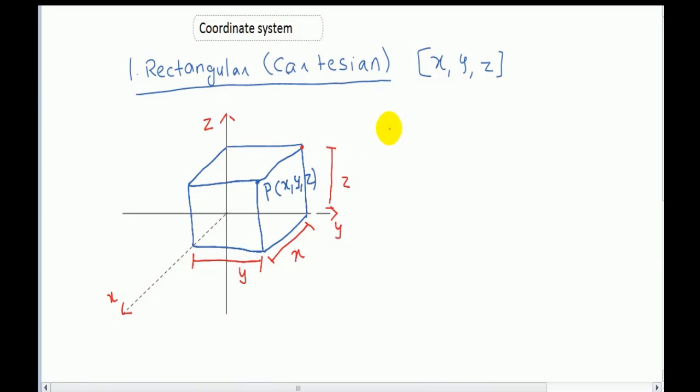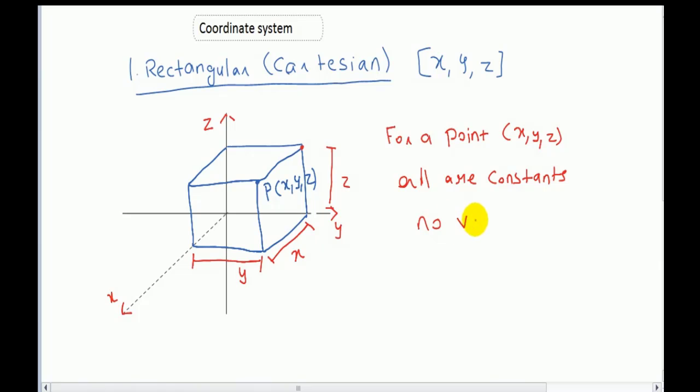That is, we can say that if we want to locate a point, the values of x, y and z, that is all the three parameters in a coordinate system, are constants.